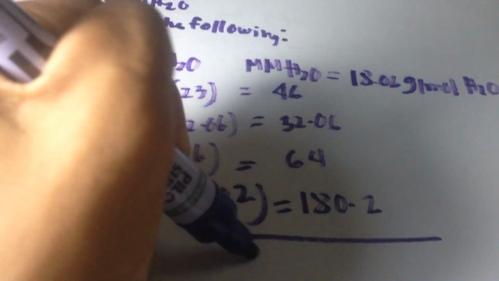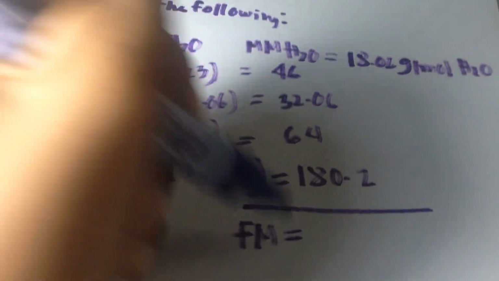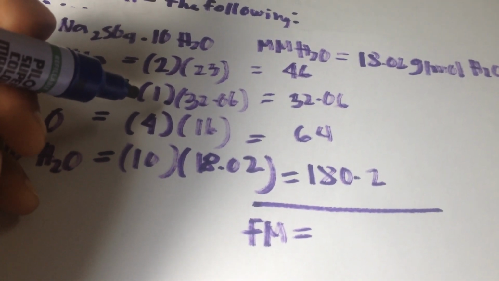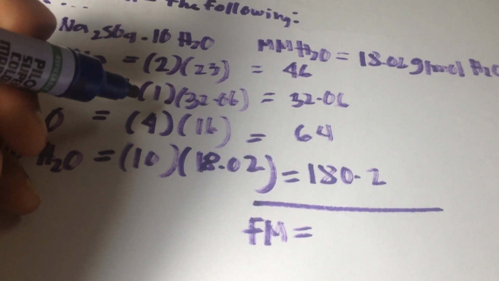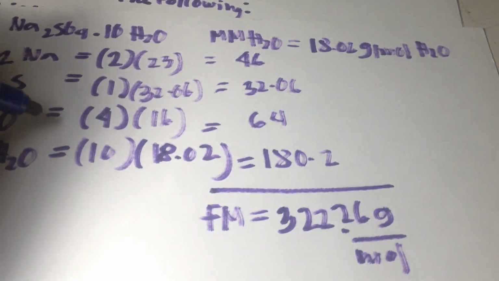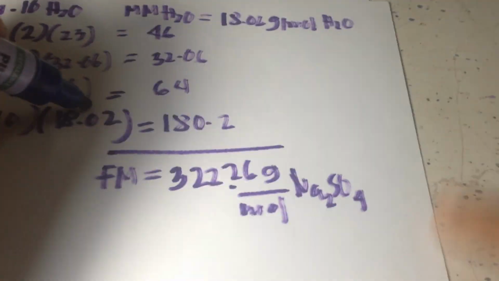So you need to add all: 46 plus 32.06 plus 64 plus 180.2 equals 322.26 grams per mole of sodium sulfate decahydrate.